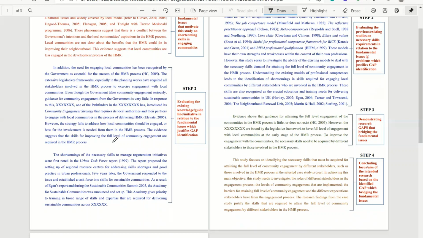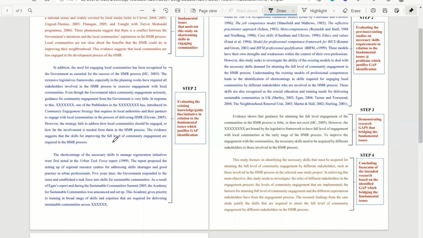But what happened now? There is still a mismatch between the community's expectation and what the government tries to offer to this community. This mismatch between the expectation and what the government tries to impose on this community will create the motivation for this study on the shortcoming of skill in engaging the community.